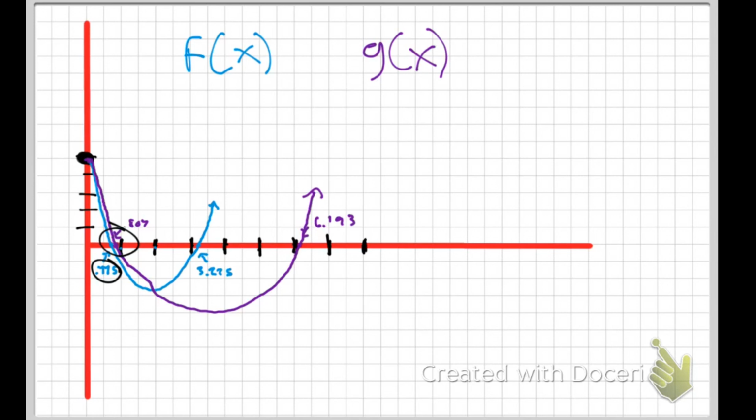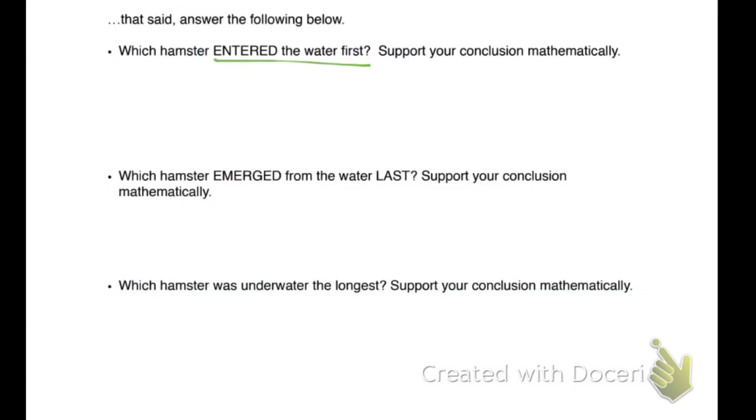The one that entered faster is the lower x-intercept, f of x, 0.775. So it was hamster f of x. Supporting our conclusion mathematically means showing all your work, whether it be the graph or the x-intercepts that you found using the quadratic formula.